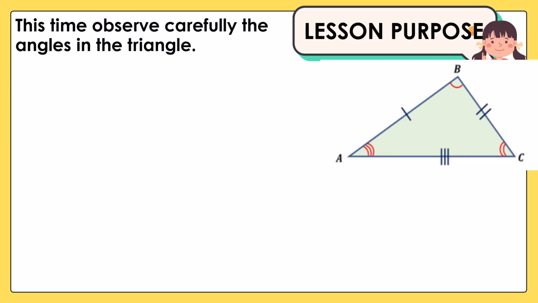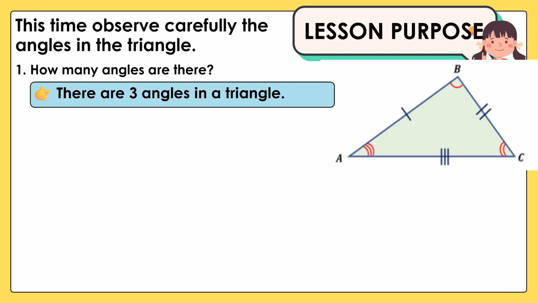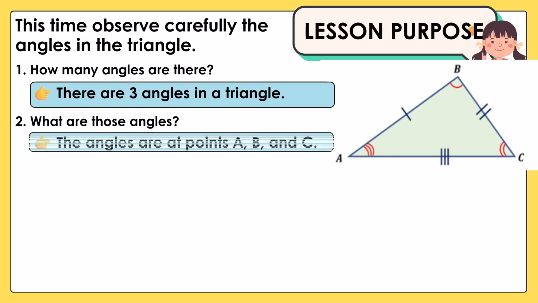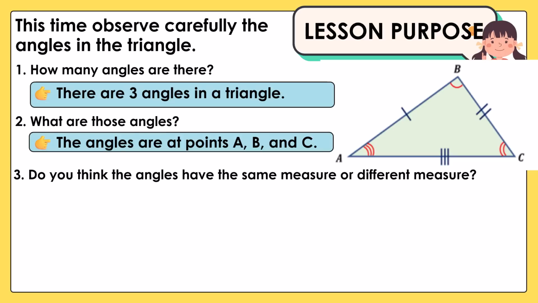This time, observe carefully the angles in the triangle. How many angles are there? The answer: there are 3 angles in a triangle. Number 2. What are those angles? Answer: the angles are at points A, B, and C. Number 3.